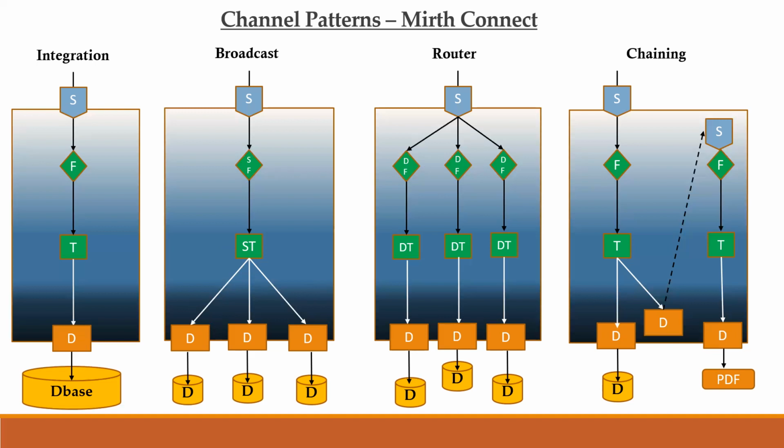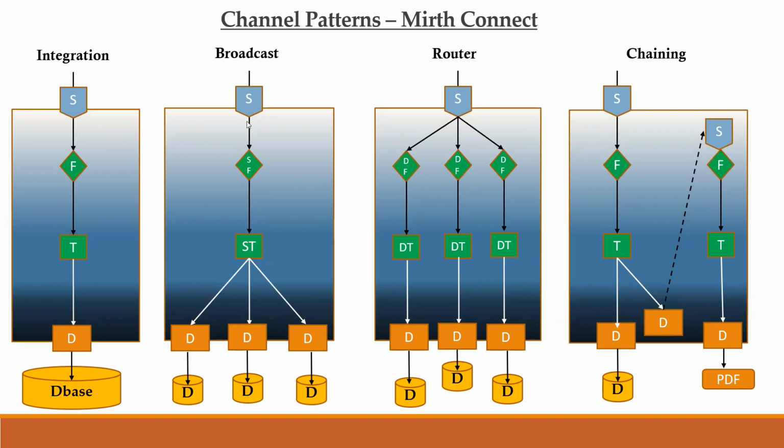Good question. So the default behavior of Mirth Connect is if it finds one or more destinations, it will route it automatically. So you don't need to explicitly say within the channel that from source it has to go to first destination, second destination, or third destination, right?